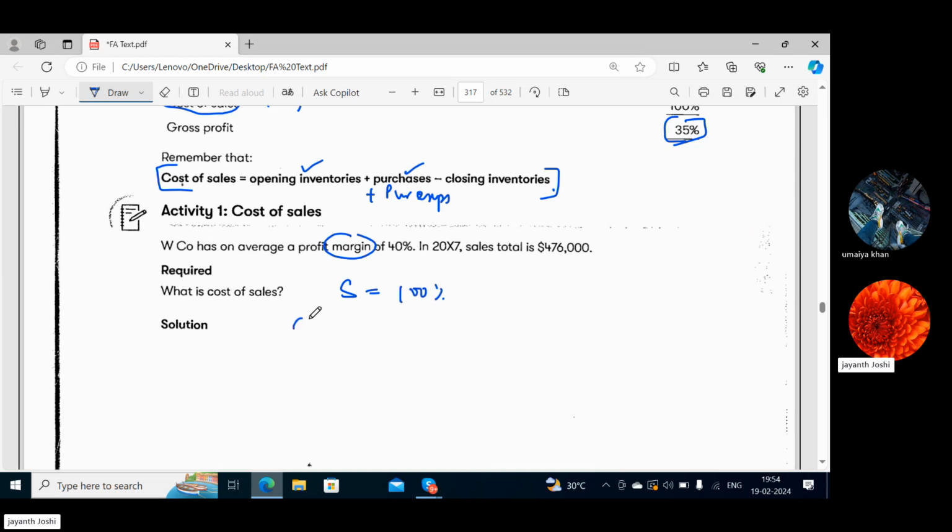So definitely cost of sales will be how much? 100 minus 40, because profit margin is 40, that will be 60%. So when the sales figure is 476,000, how much will be cost of sales? When 100% is 476,000, what will be 60%? So 60% will be 476,000 divided by 100 into 60.